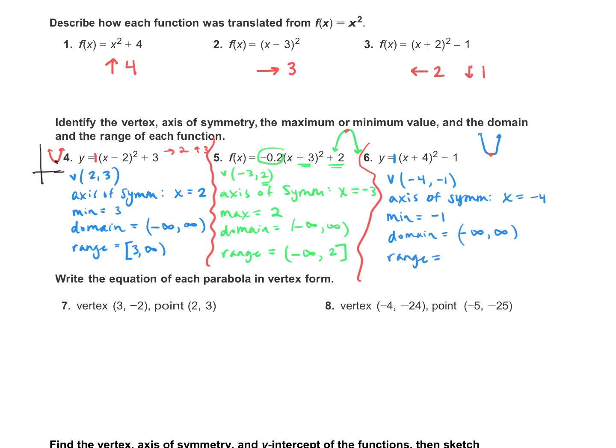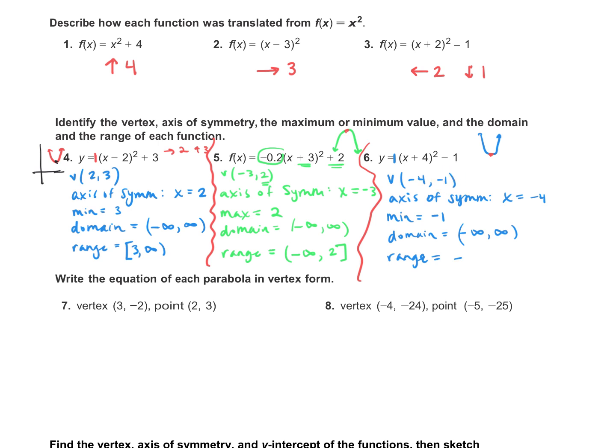And then our range is going to be equal to range in interval notation. The smallest value is on the left, the largest value is on the right. It's the interval from here to here. So the ranges are y values. So the smallest value is right here. How low did our graph get? Our graph got all the way down to -1.